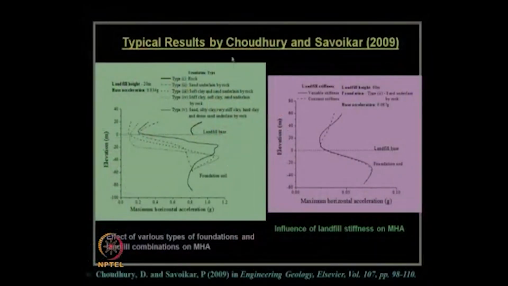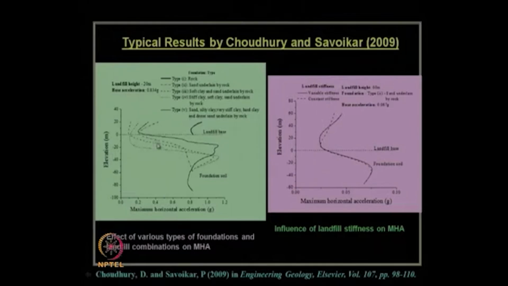Other results have been shown over here. You can see in this case the landfill height is 20 meter, for a single base acceleration of 0.834 g, and it is shown over here how the maximum horizontal acceleration is changing for different 5 types of foundation.